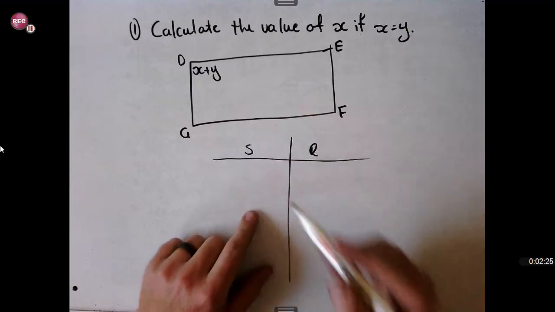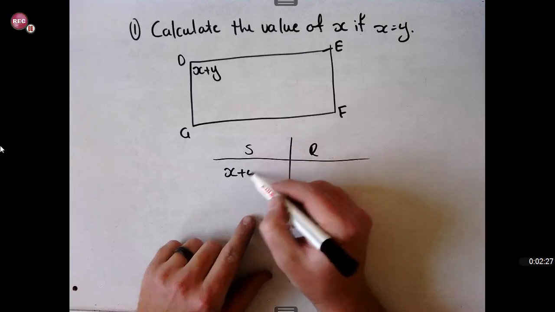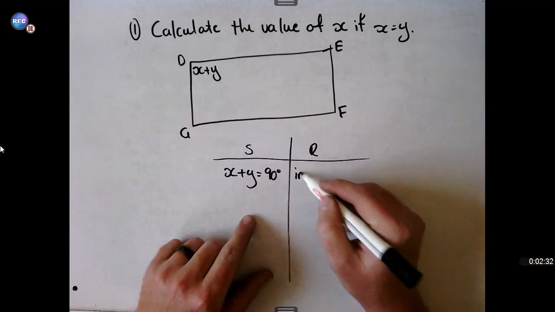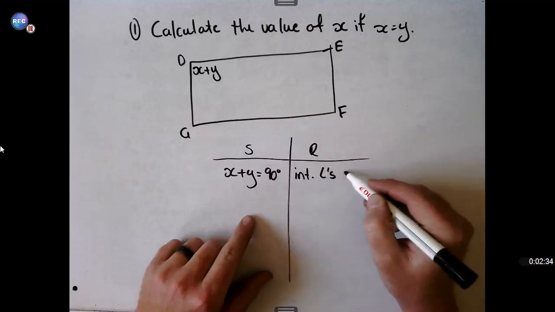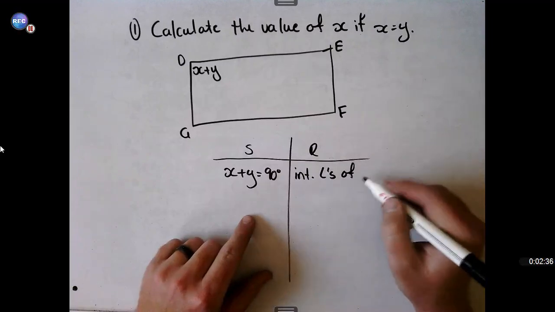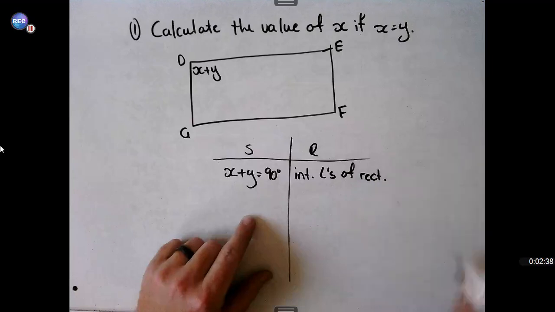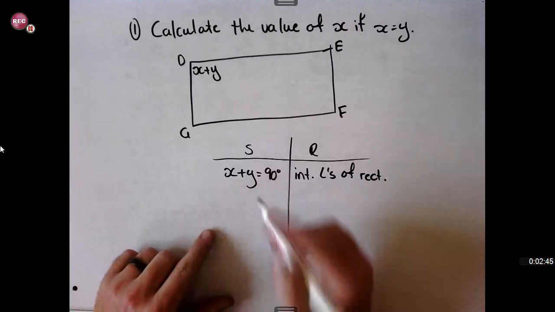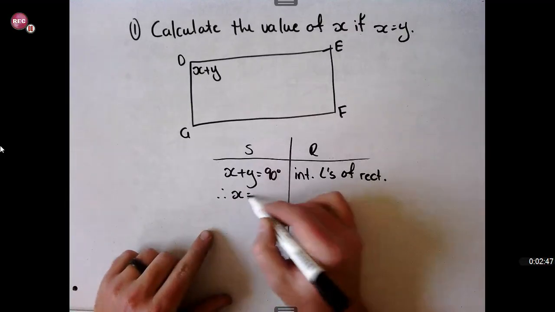Okay. So with regards to your statement, you're going to tell me that x plus y is equal to 90 degrees. And the reason for that is because of the interior angles of a rectangle. Which then means that, which is given to you, therefore, x is equal to y.